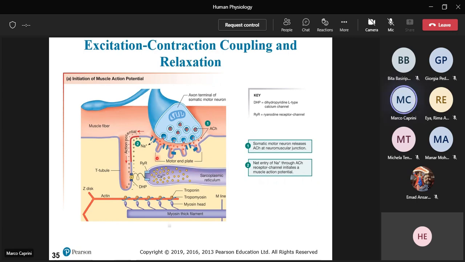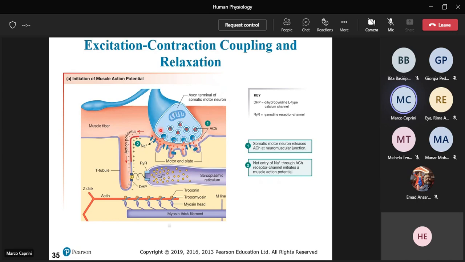So two reasons. In the skeletal muscle only the nicotinic acetylcholine receptor is present. And second, the motor end plate contains a high number of nicotinic acetylcholine receptors.